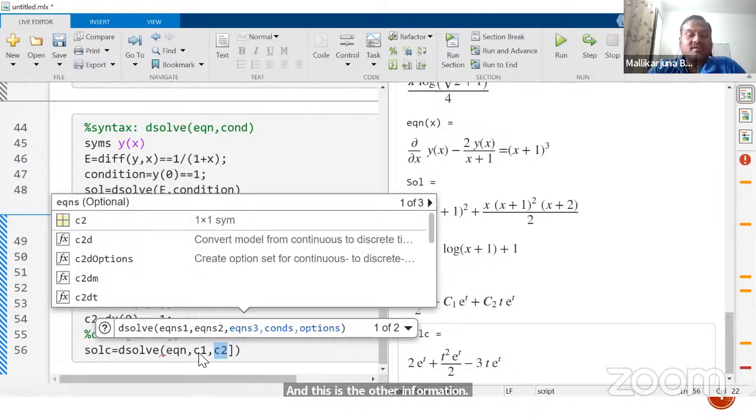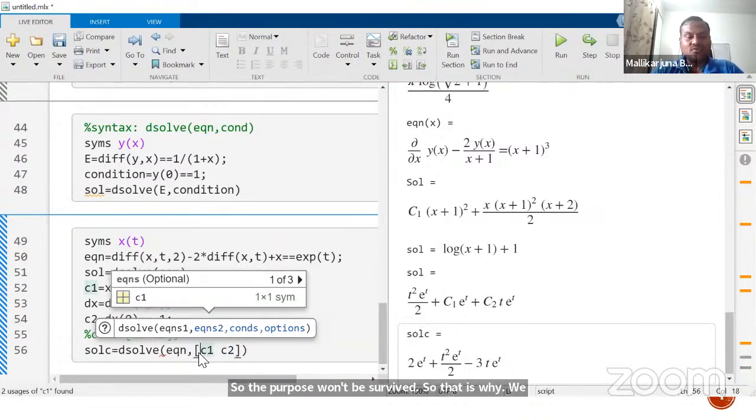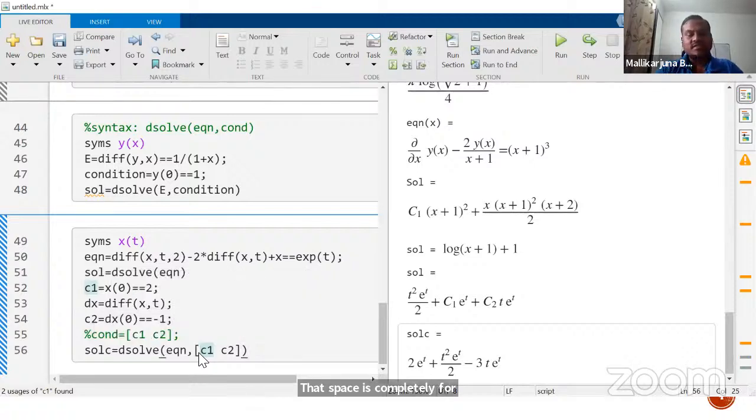That is why we have to give these C1 and C2 together, which gives the information about the conditions itself. That space is completely for the condition. So that's why we need to give like this. This is with conditions.